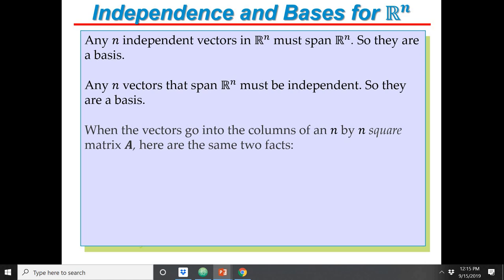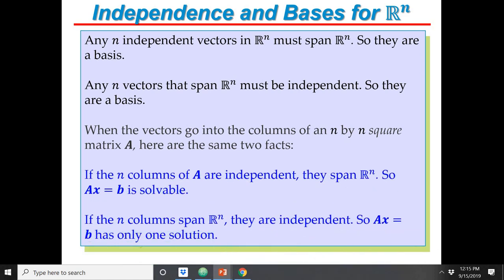the columns and the rows of a matrix A. So if we have n columns that are independent, and we're talking about square matrices here, they span Rn, and Ax equal to B is solvable for any B, all right?